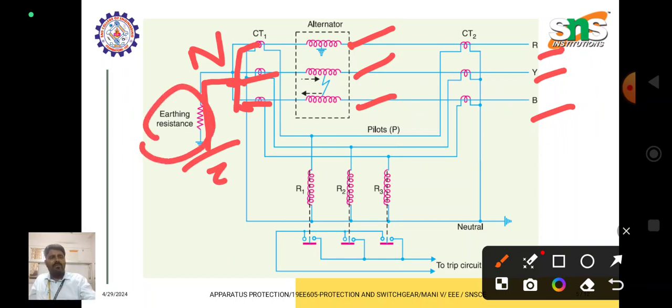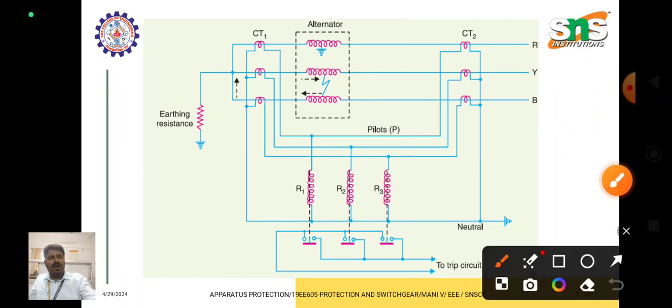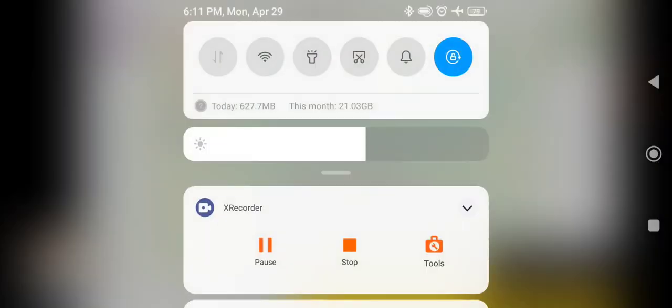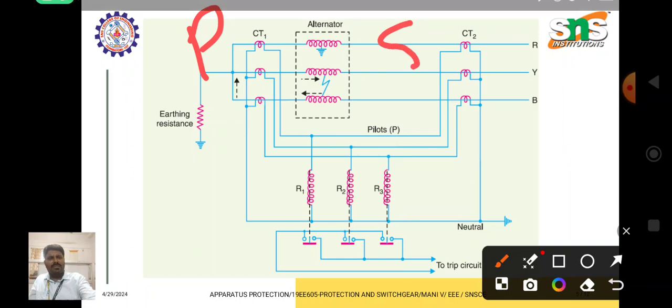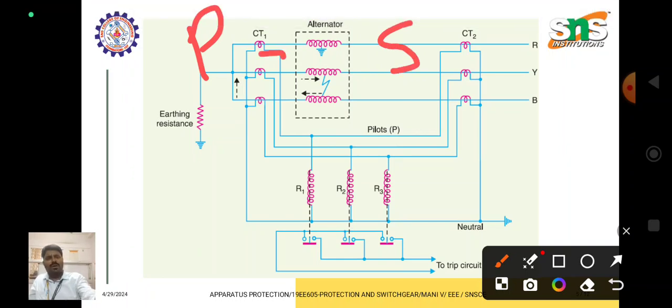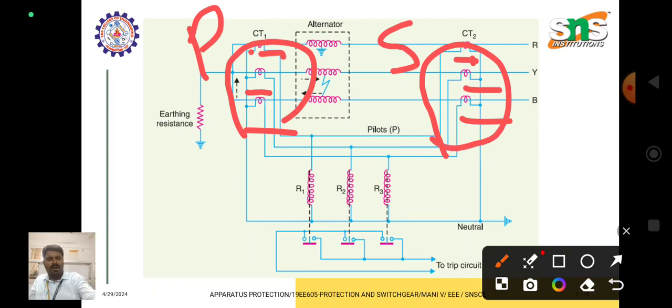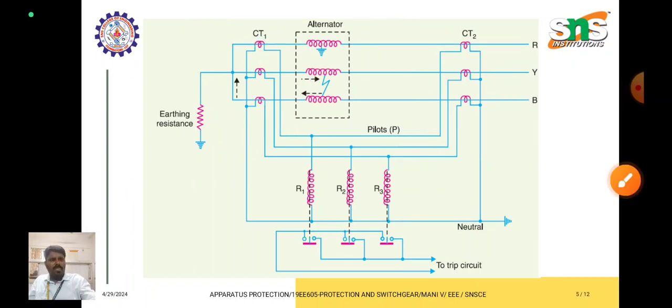Here we are inserting the current transformers on the primary side of the alternator and the secondary side of the alternator. For each phase we are using two CTs, one primary and another secondary, so totally we are using six current transformers. All three on one side will be called CT1, and on the other side all three will be called CT2.